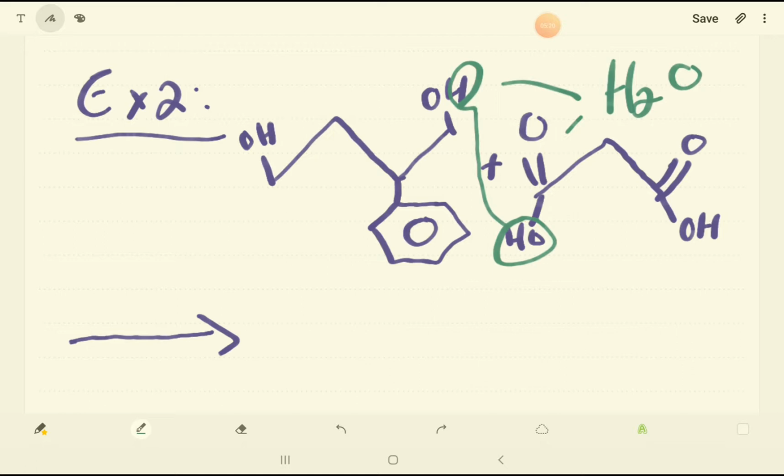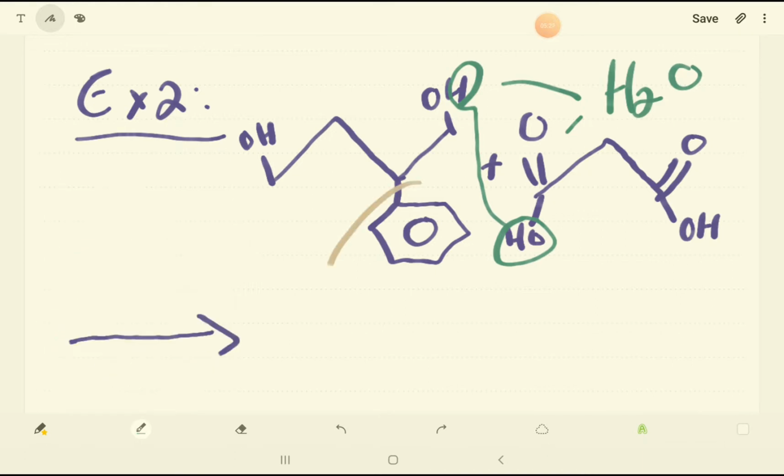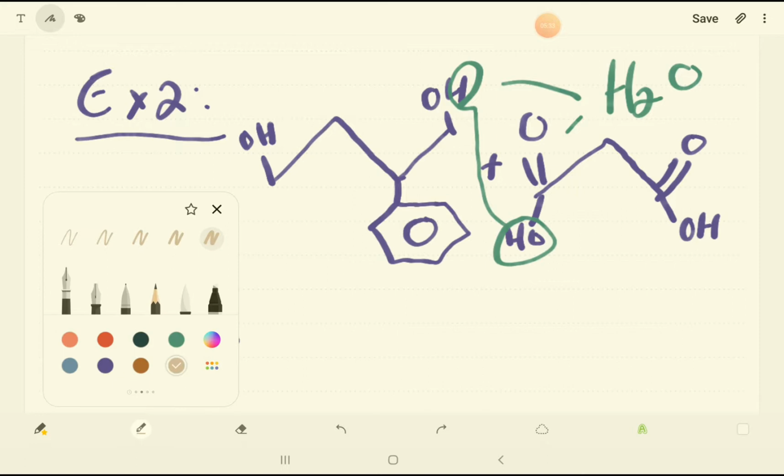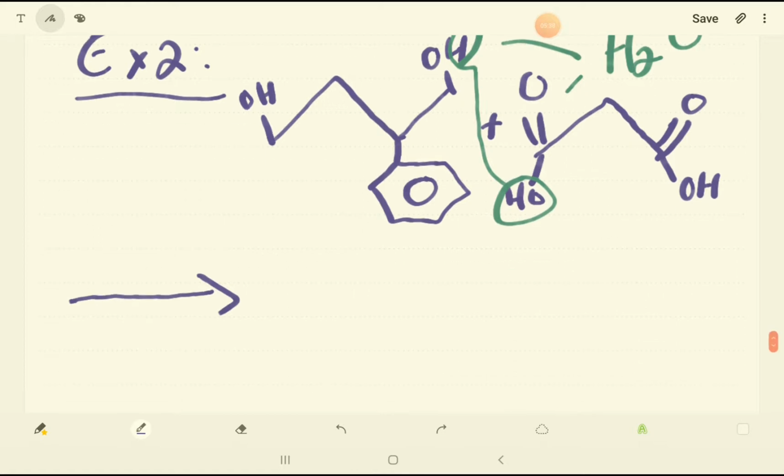Now, it does have a branch, right? That branch is going to stay put, however, because the only part that is reacting are the H and the OH. So we're going to leave everything else the same.